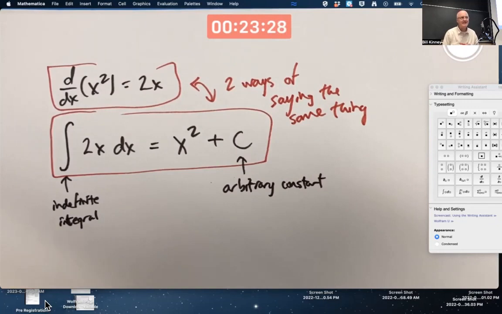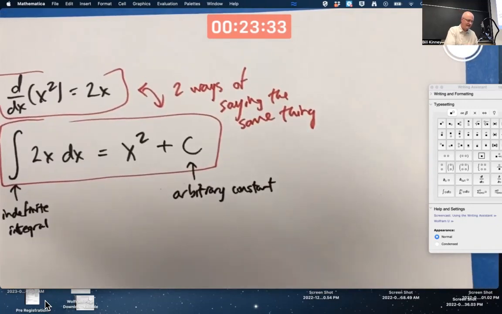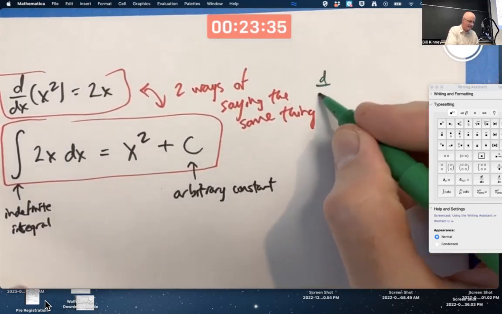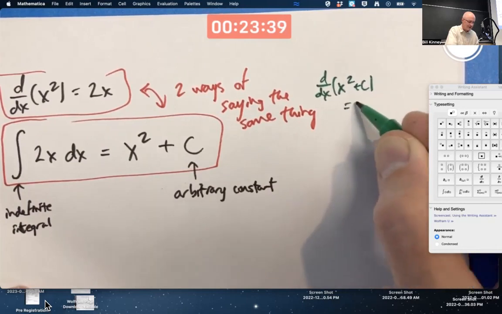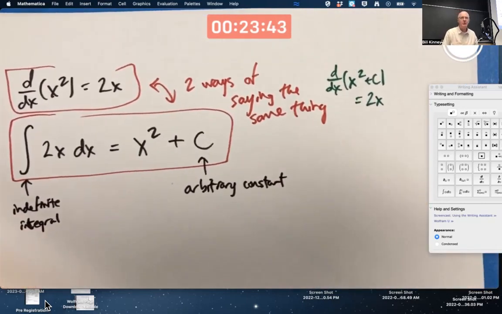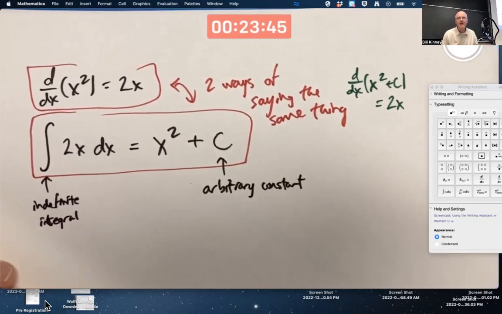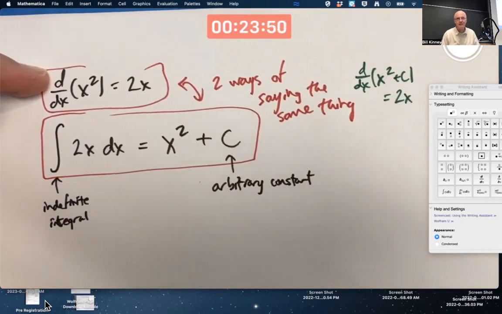Well, I could have put a C in there. I could write d/dx of x squared plus c is 2x because the derivative of a constant is 0. I could have written that. But it's, in a sense, such a trivial thing that we don't typically bother with the derivative statement.